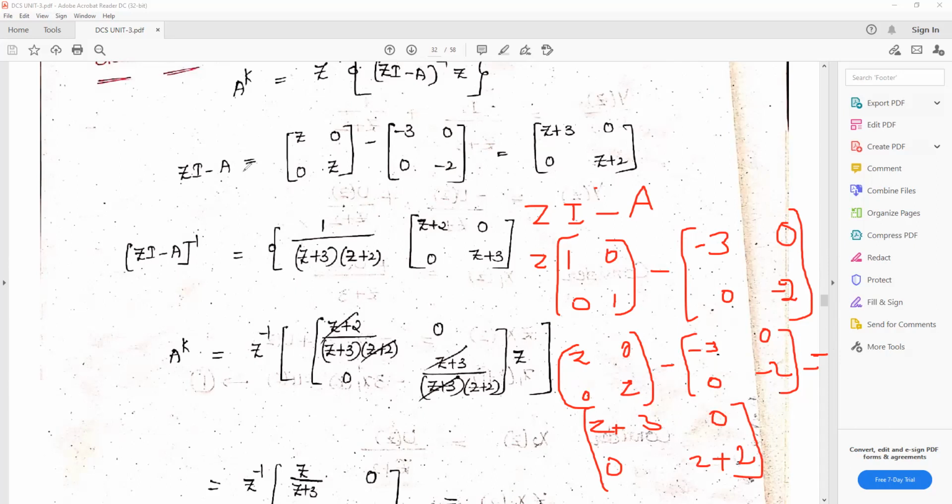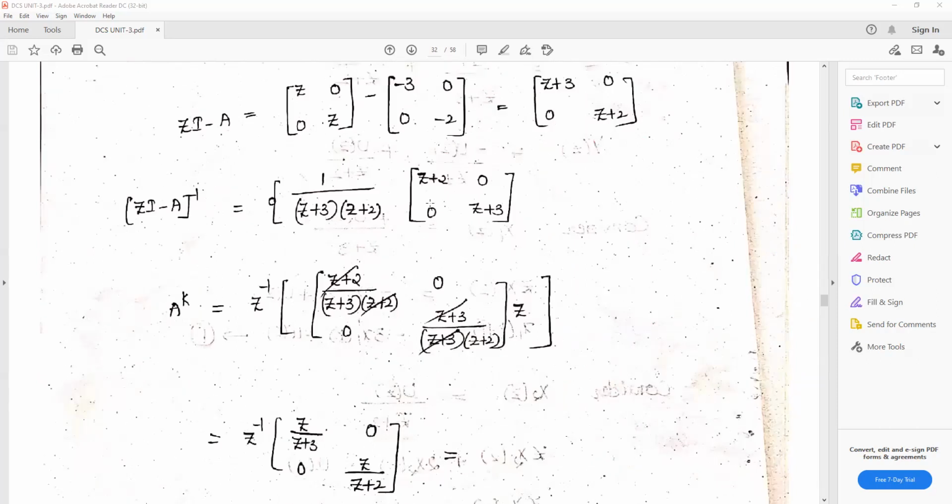So we have calculated zI minus A. Now (zI minus A) whole inverse.